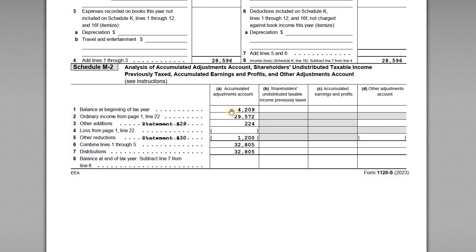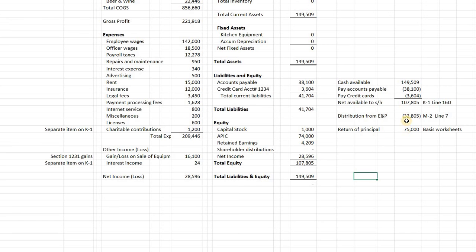In the M-2, we've got $4,209. We add our ordinary income. We have our other additions for the 1231 gains and the interest. And then we have a reduction for the charitable contributions, which leaves us with $32,805. So when all this cash is distributed, we've got a reduction to retained earnings of $32,805, and then the excess.